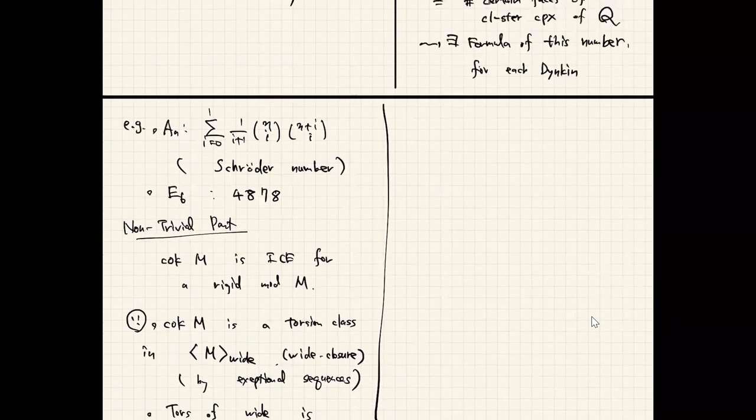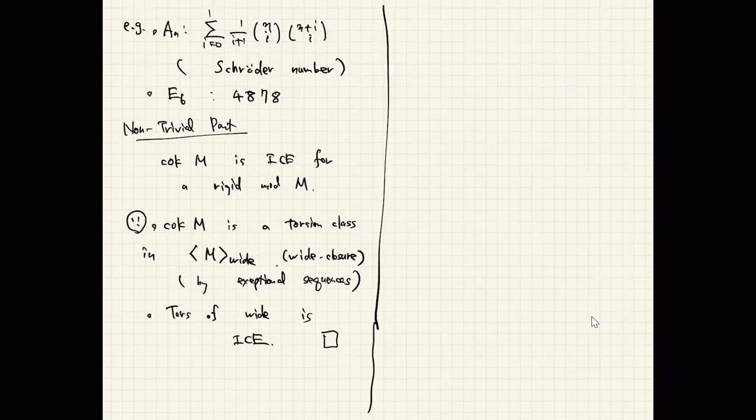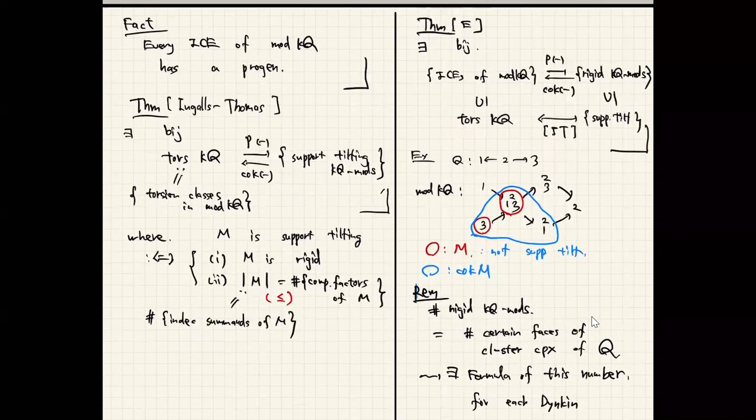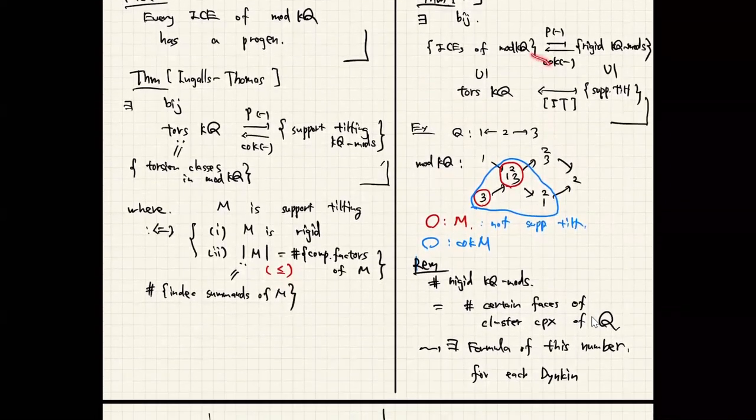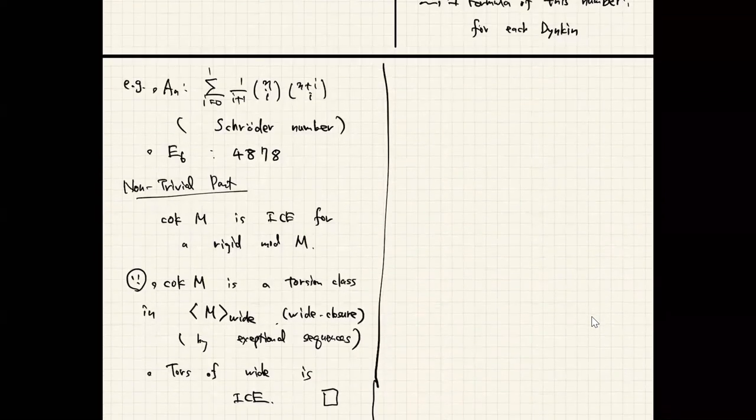And in the proof, actually we proved a stronger result, because cok is a torsion class of a wide subcategory. So in particular, by the proof of this, we can prove that every ICE closed subcategory is a torsion class of some wide subcategory.